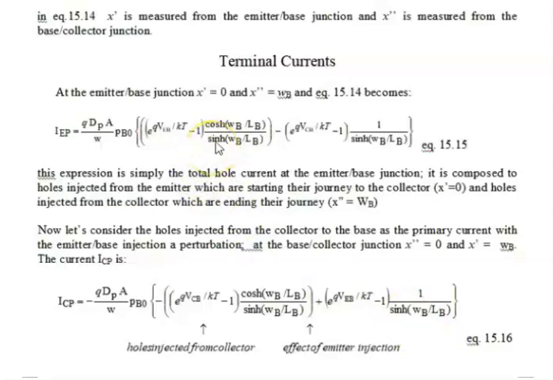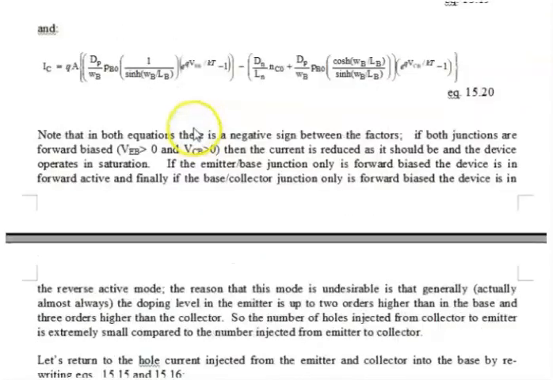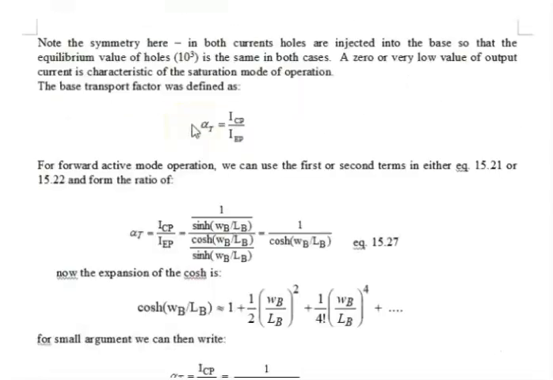So it's end divided by beginning, and that's exactly what we're saying here. What comes out, which is the end of the journey, and what comes in, the beginning of the journey. So it's 1 over the sinh, which is the ICP term, divided by the cosh over the sinh, which is the IEP term, and that works out to be just 1 over cosh, as the sinhs cancel out, and that is always less than 1.